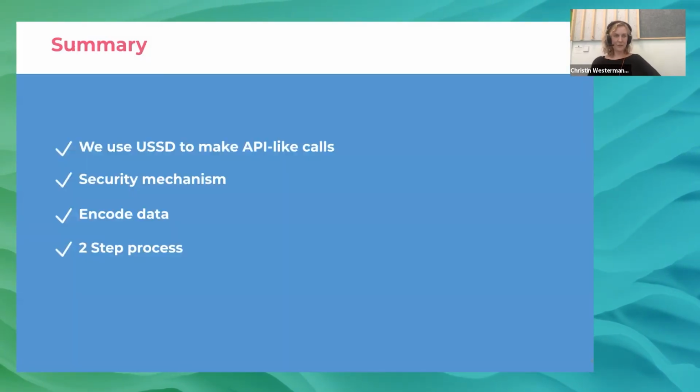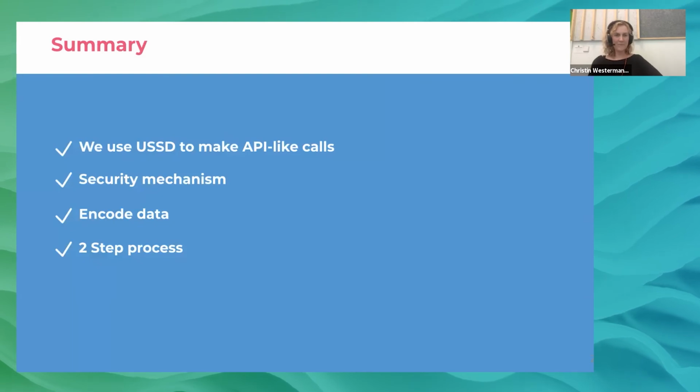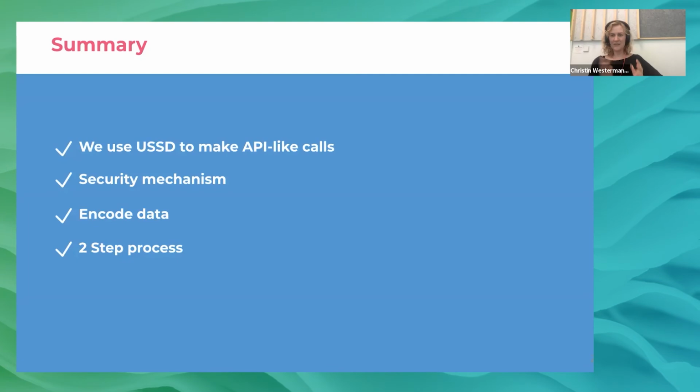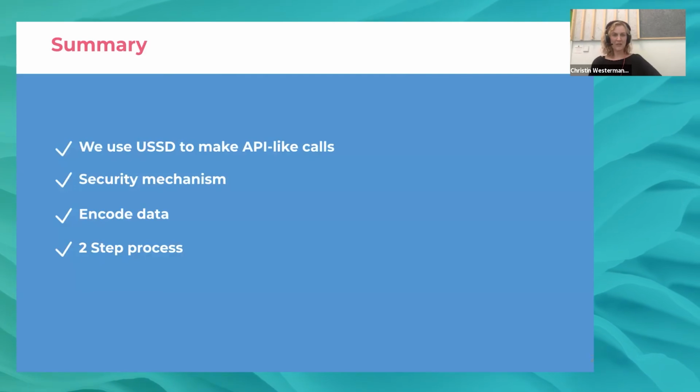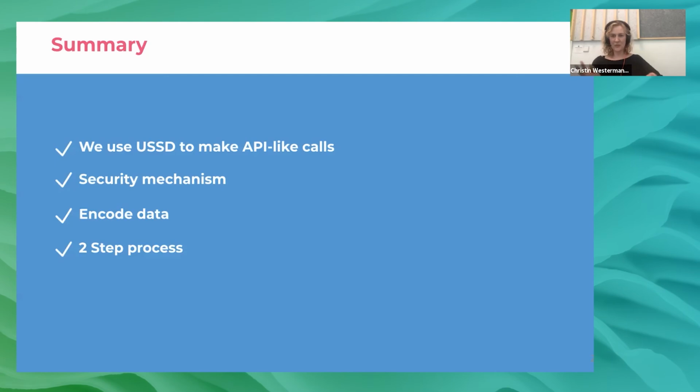So to summarize the tech solution that we came up with, we use USSD, which is available on the ground, to make API-like calls. You saw that we used some patterns from normal REST API calls, like responding with the 200 status code in order to know that everything was fine.